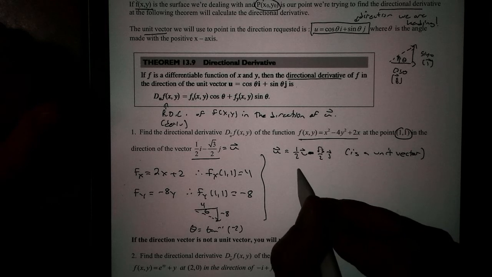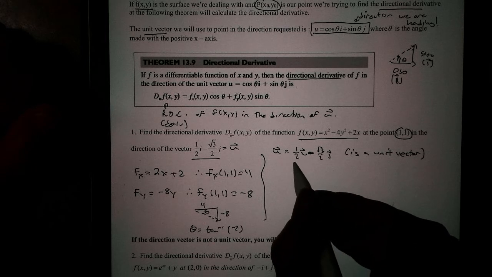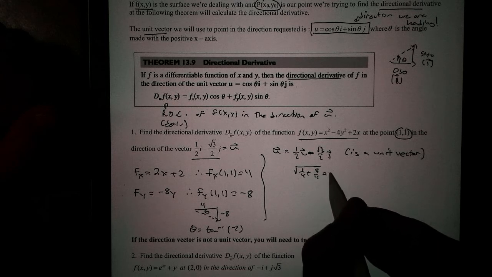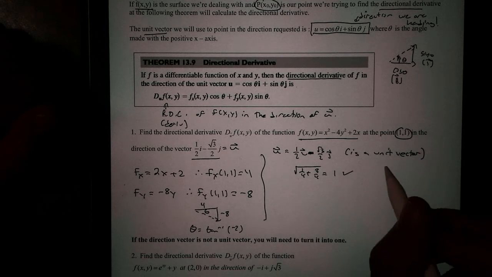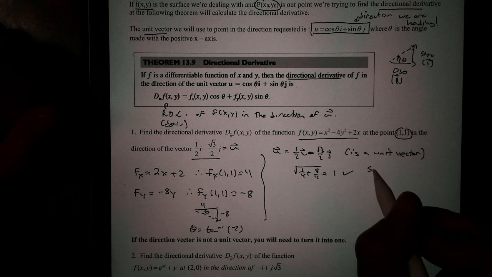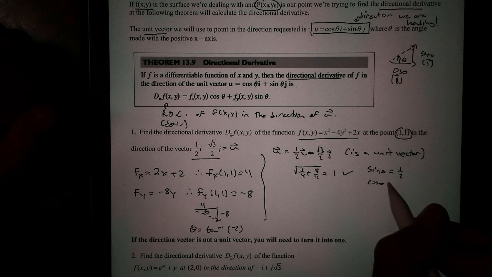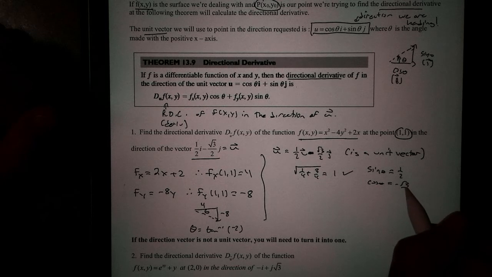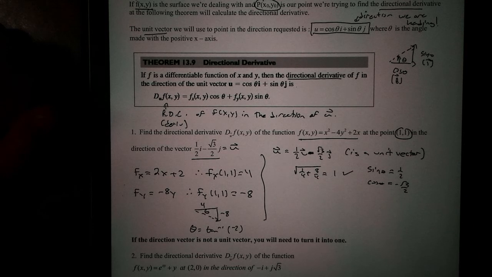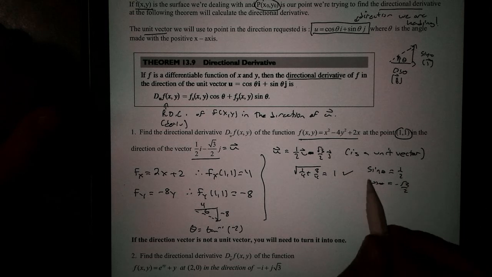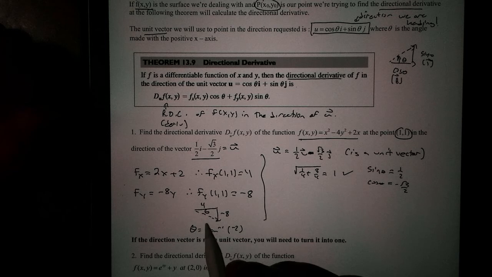And you can easily see that if you just find the magnitude, the square root of 1/4 plus 3/4 does become 1. So remember, this is really saying that the sine of theta is negative root 3 over 2 and the cosine of theta is 1/2. And of course, you can use this to get that direction as well as over here.